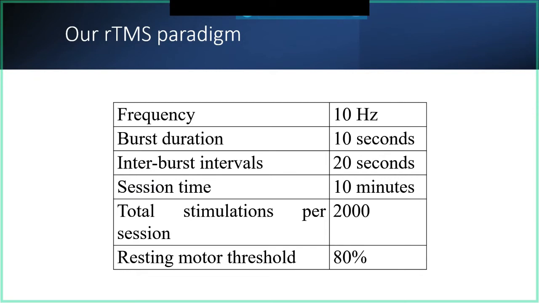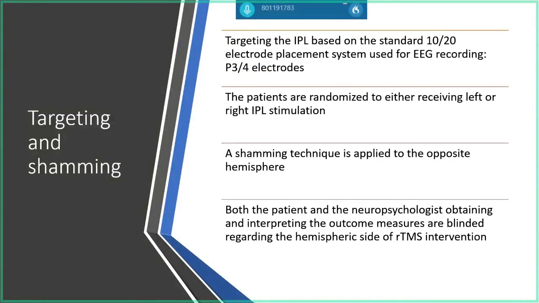And this is in an attempt to perhaps create better guidelines in terms of the stimulation paradigm. So we are randomizing. The active side is either right or left, and on the opposite side, we are using a sham technique.